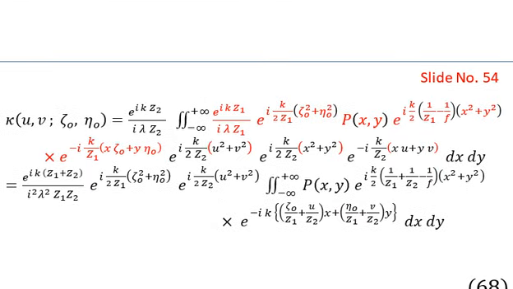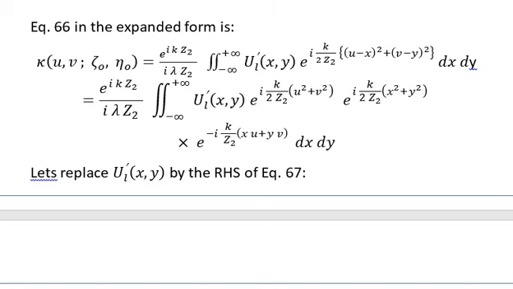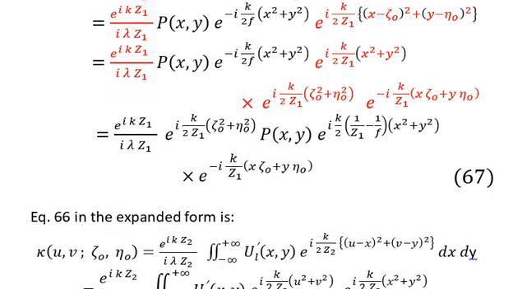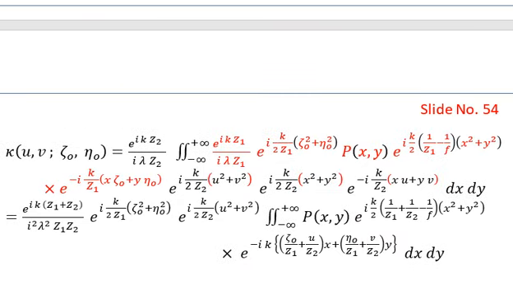So doing that, we have labeled in red the substitutions that we have made. For example, we have replaced u_l prime of x comma y from equation number 67, and we have shown them in red so that we can make the difference between the substituted values and the other values. You can see that a large number of exponents are present, but some we have combined.